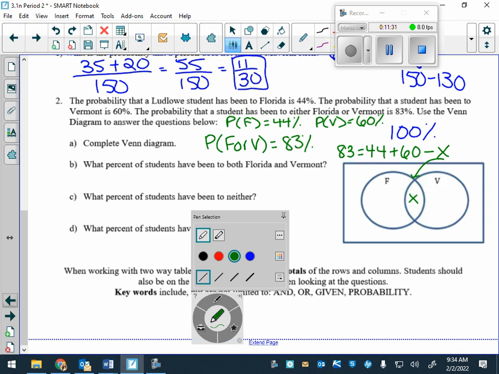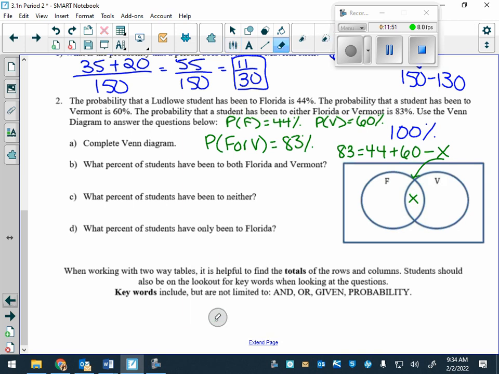Okay. All right. Keaton, how many have been to both? 21% have been to both.